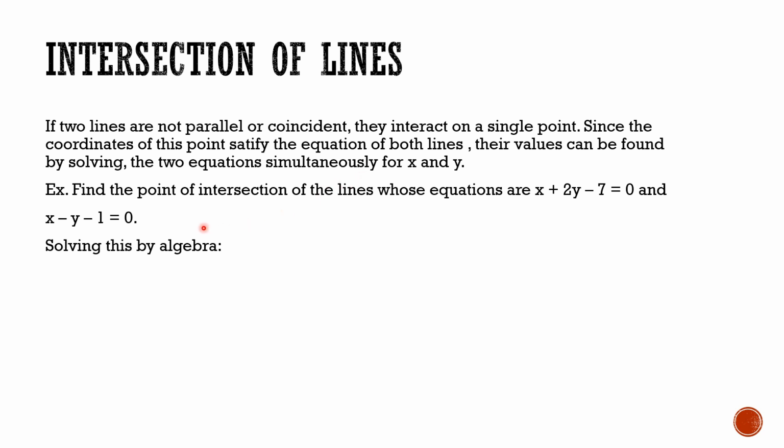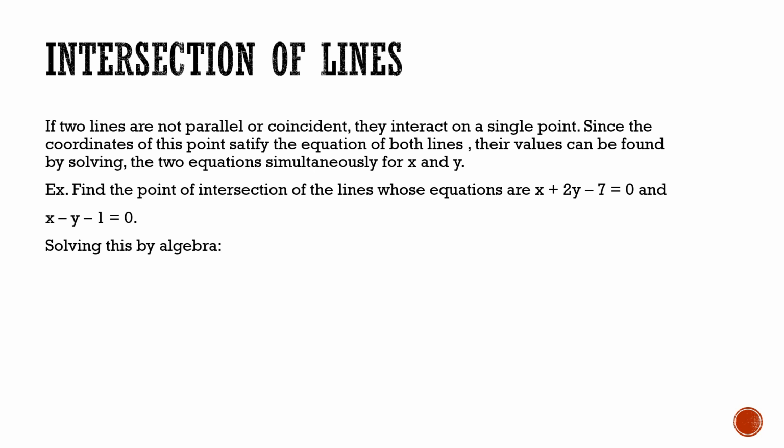Example, find the point of intersection of the lines whose equations are x plus 2y minus 7 is equal to 0 and x minus y minus 1 is equal to 0. We are going to solve this using algebra.